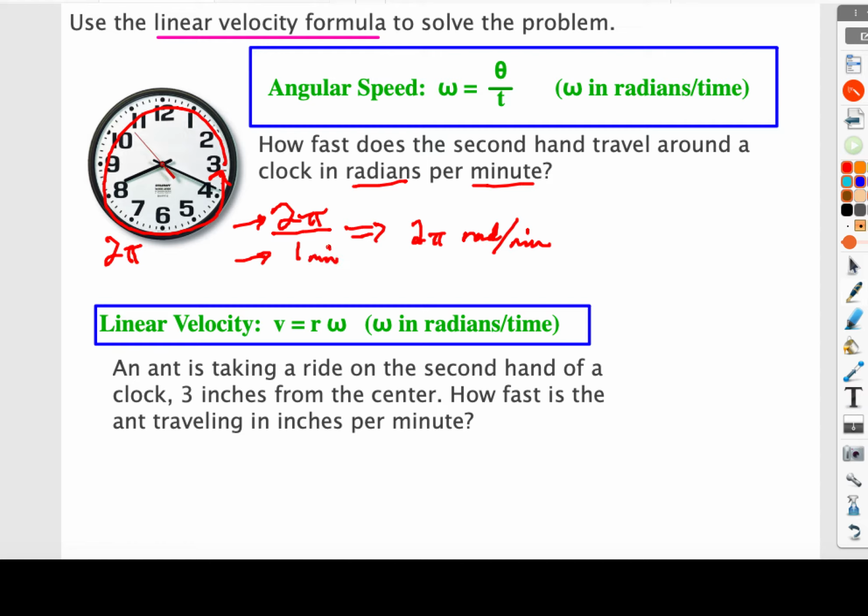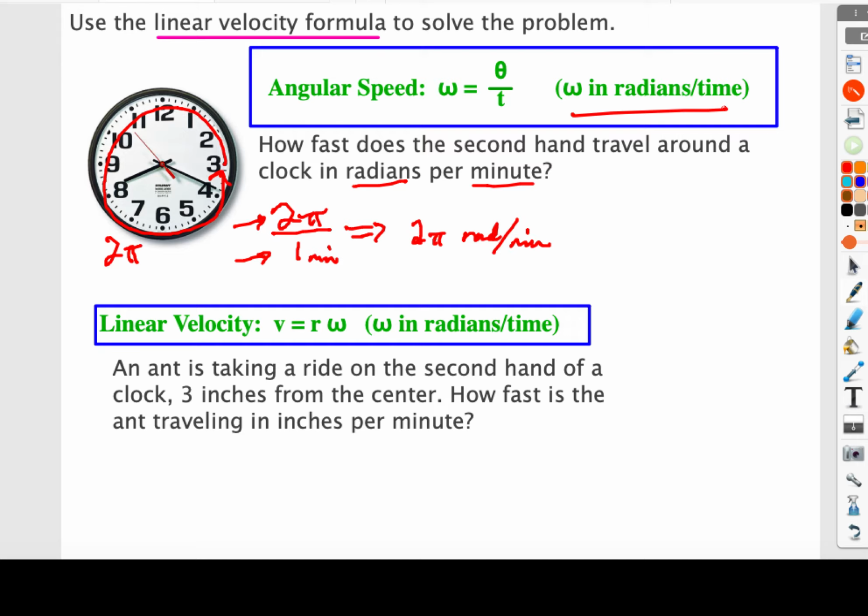Linear velocity, well, an ant has taken a ride on that second hand 3 inches from the center of the clock. How fast is it traveling in inches per minute? Well, v equals r omega, where omega equals radians over time. Basically, that omega was our angular speed.